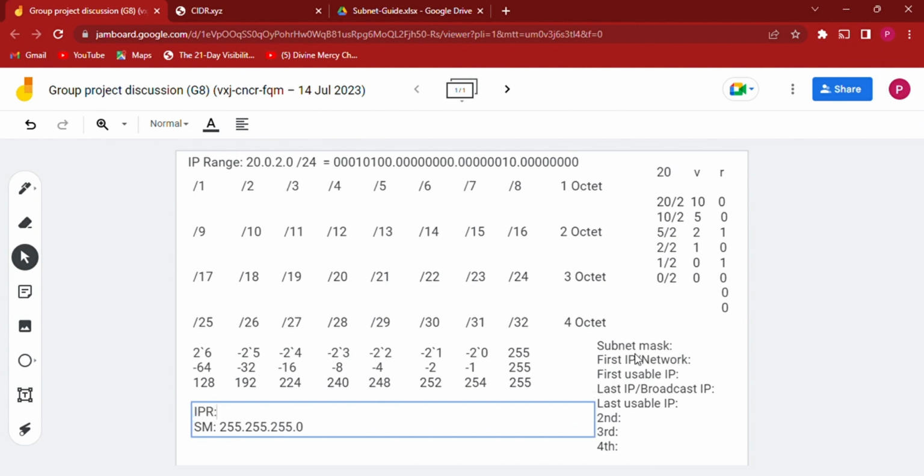We have to now find the first IP address, which is always reserved as the network IP. To do that, we have to perform an AND operation between the IP range address, 20.0.2.0, what we have here, and the subnet mask.